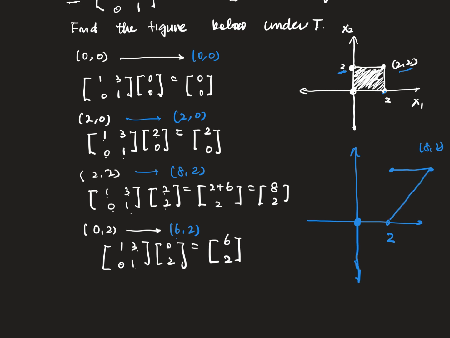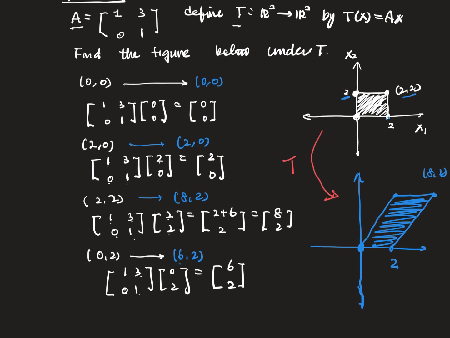So that's going to be this parallelogram. It changed. Under this transformation T, each point transforms to a different point. That's how to find this transformation under the matrix, guys.